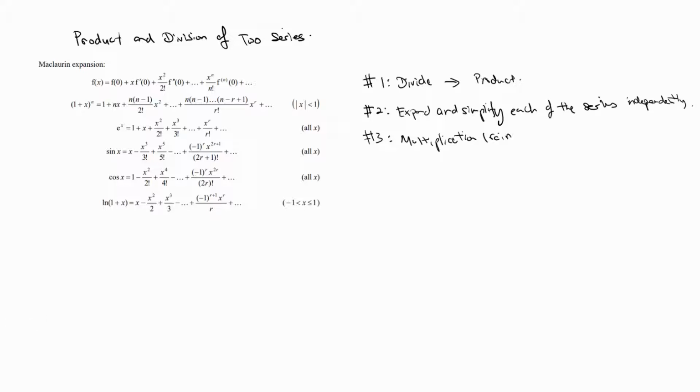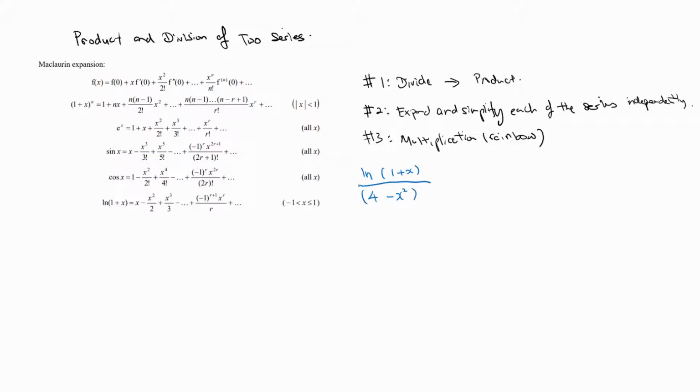Okay, as with this topic, I think it's best to learn this through an example. So let's take a look at a question. Suppose we are given ln of (1 plus x) over (4 minus x squared).